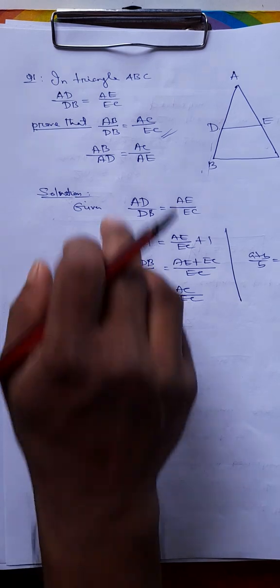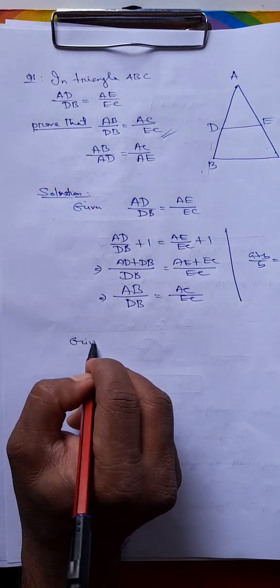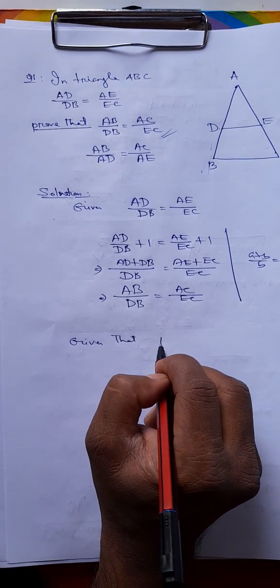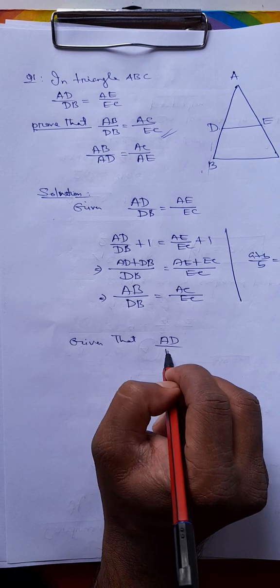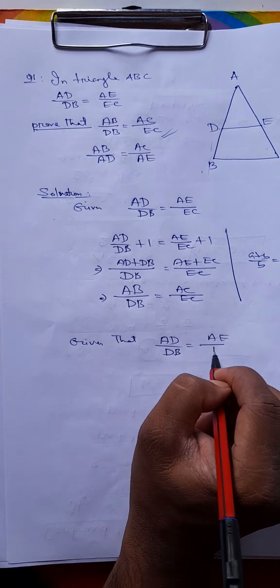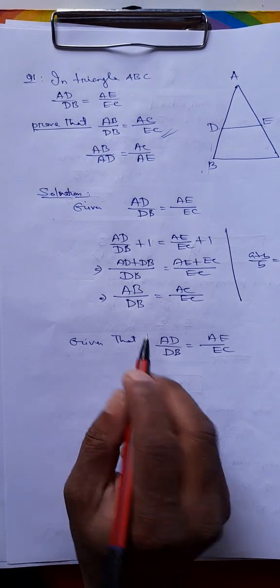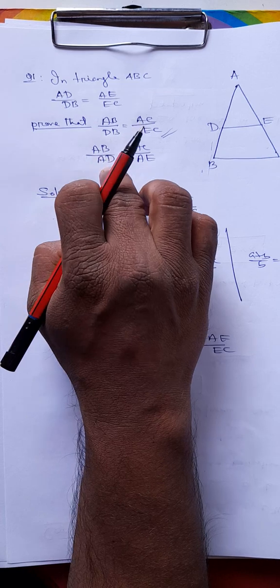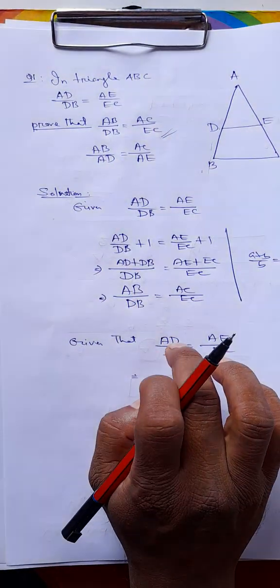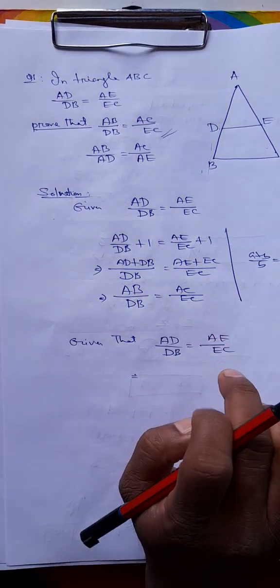Now let's try to prove the second one. Again you see, given that AD by DB equal to AE by EC. Now we have to prove this, AB by AD equal to AC by AE. That means we want to convert this AD into the denominator, AE into the denominator.